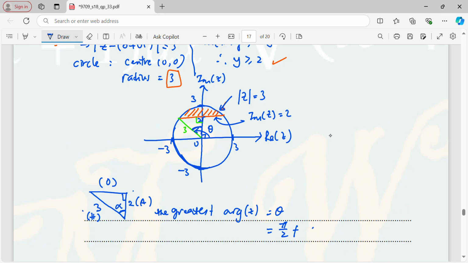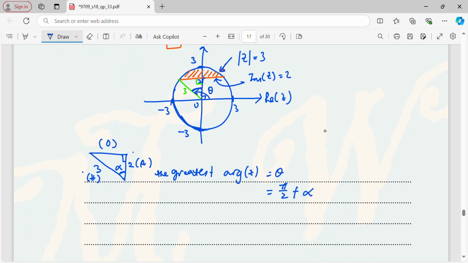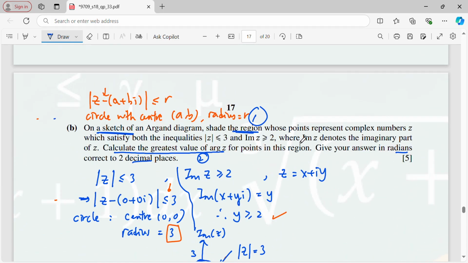So I can just write cos alpha equals adjacent over hypotenuse, 2 over 3. That means my alpha is going to be cos inverse of 2 over 3.